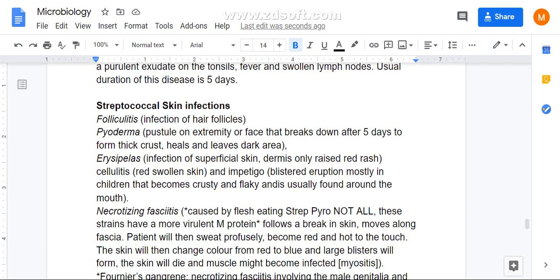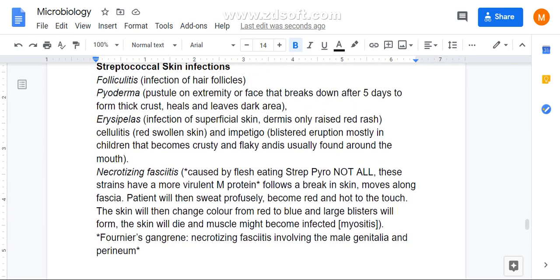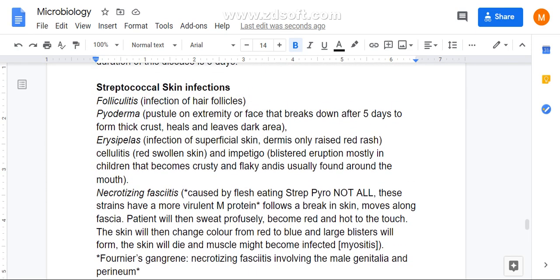Okay, we have streptococcal skin infections. We have a lot here to go down. Folliculitis, which would be infection of the hair follicles. You have pyoderma, which is a pustule on the extremities, so your arms or your legs or face, that breaks down after 5 days to form thick crusts and heals and leaves a dark area. We have erysipelas, which is an infection of the superficial skin.